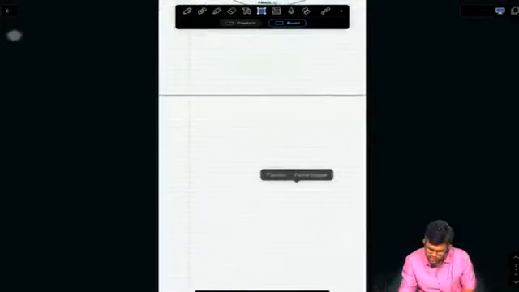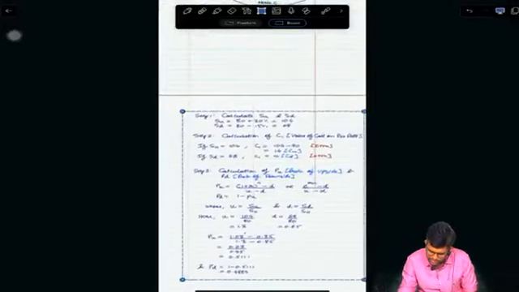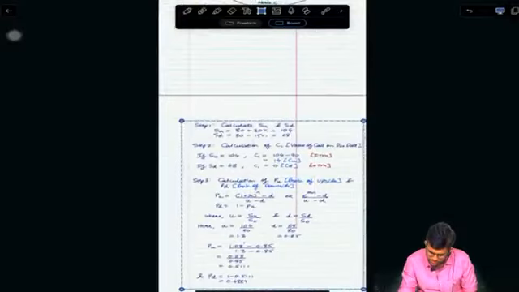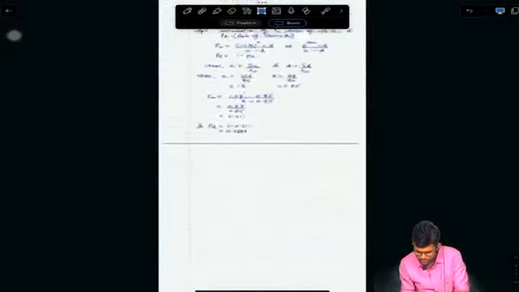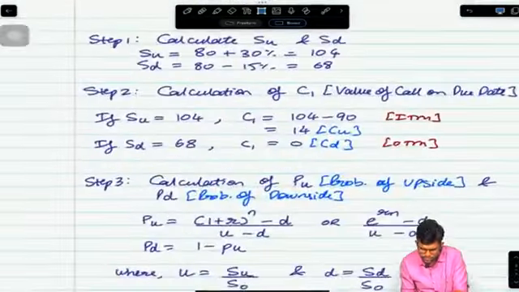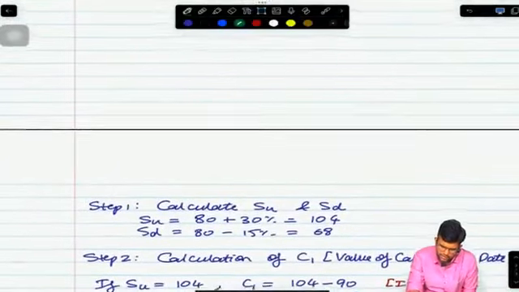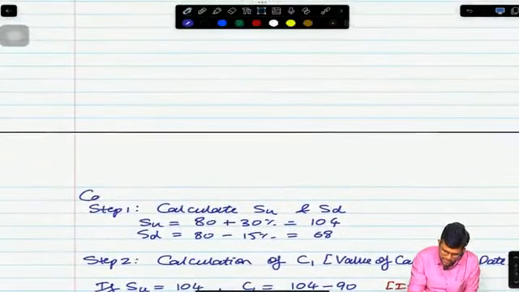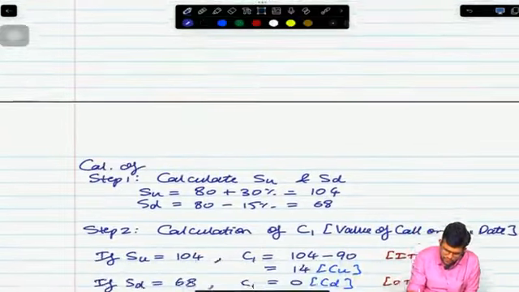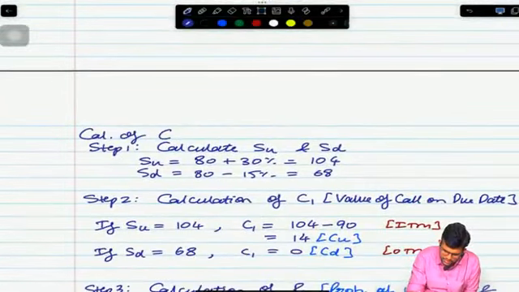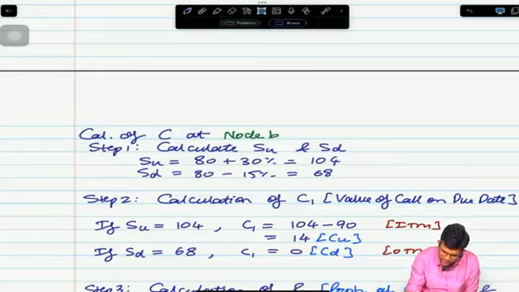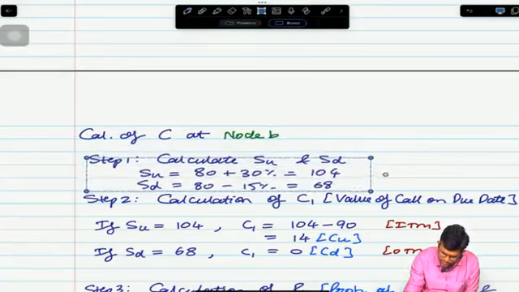So I'll take this here. So I'm writing here, calculation of C at node B. Okay, calculation of C at node B.